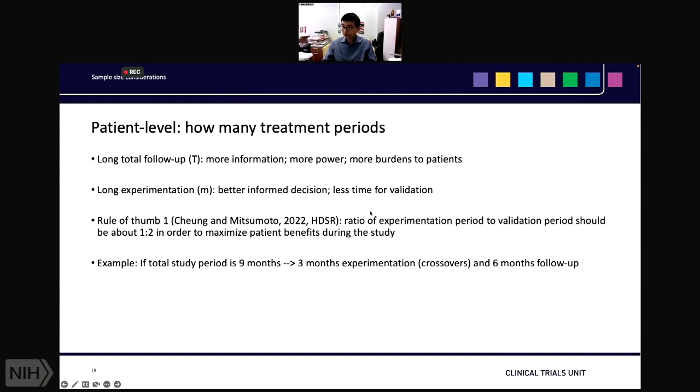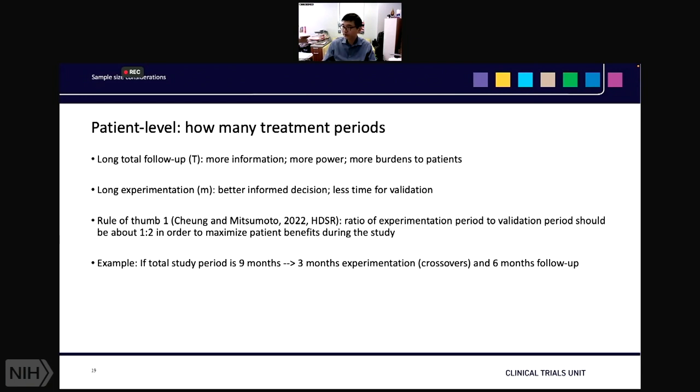So these are some rules of thumb. If we have a long follow-up period or a long experimentation period, we'll have more information to make decisions, which is good, but it definitely adds burden to patients. There are some rules of thumb, without giving you the exact duration.